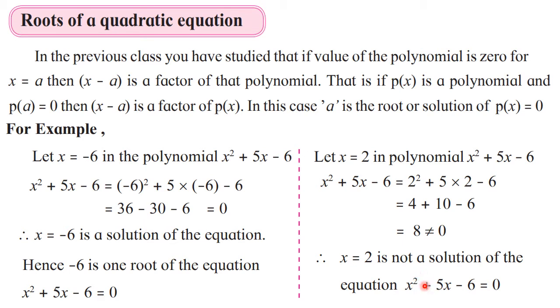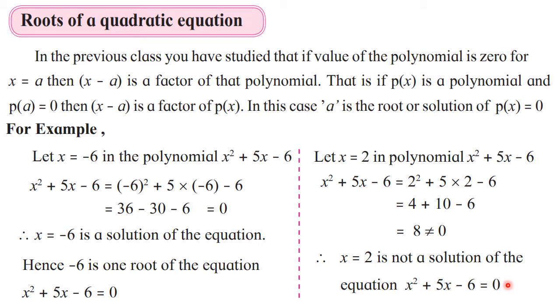If it is a quadratic equation, that means the degree is 2, then it can have a maximum of 2 roots. Maximum 2 means what? It can have one root also. It can have no roots also. Those conditions we are going to see afterwards in the same chapter. But here the number of maximum roots is 2. Why? Because the highest index or the degree of the equation is 2. A quadratic equation cannot have more than 2 roots.